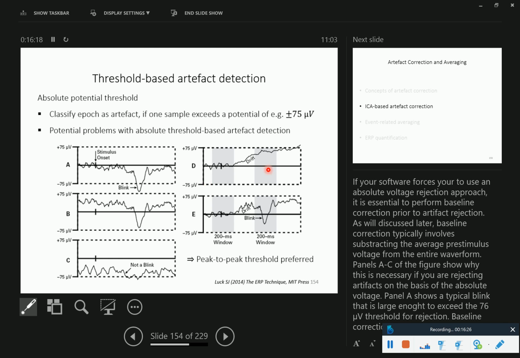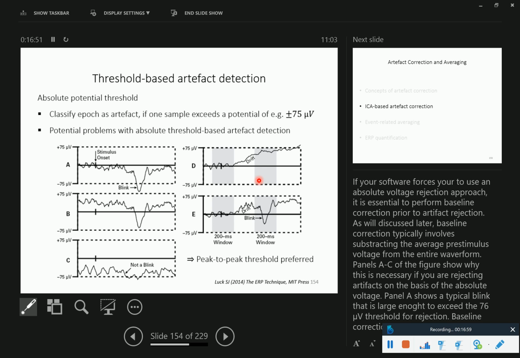So this is kind of a book idea that this can happen. I don't think this happens a lot, but one should also think about threshold corrections and what they really mean on the epoch level. And if you have experiments where you can do this, like if you have two conditions and 200 trials per condition and there's some sense in looking at them, then you might detect more blinks.